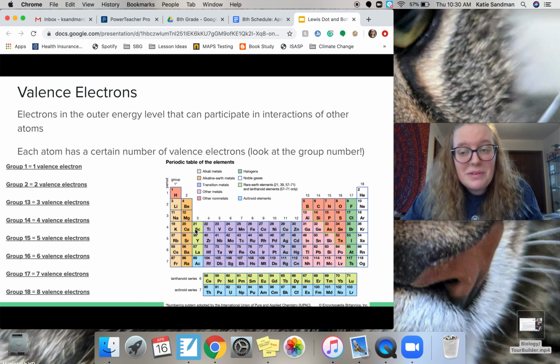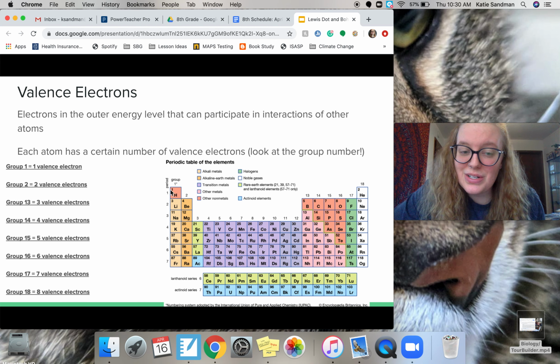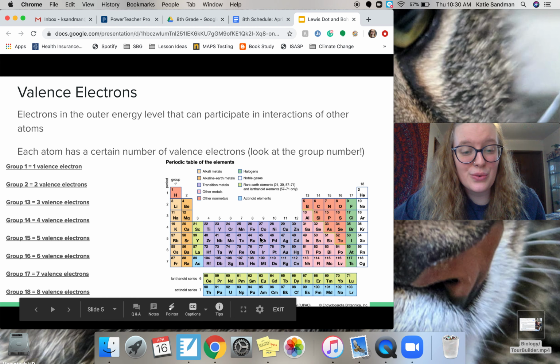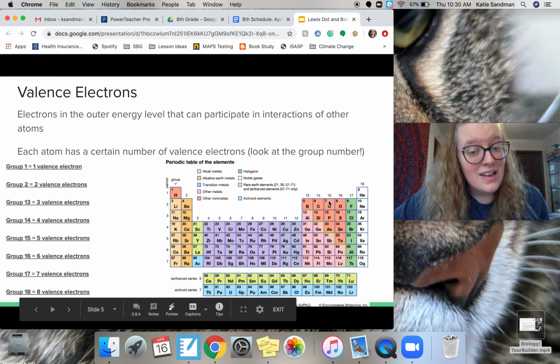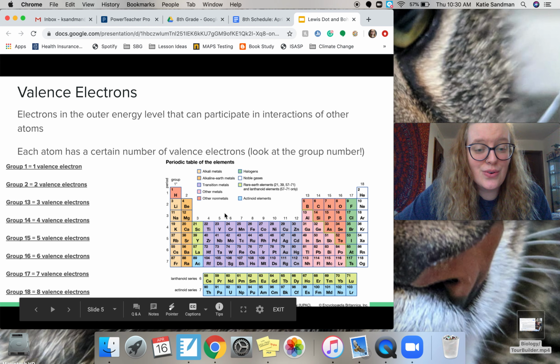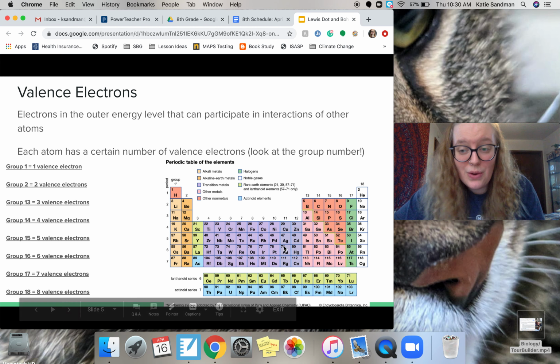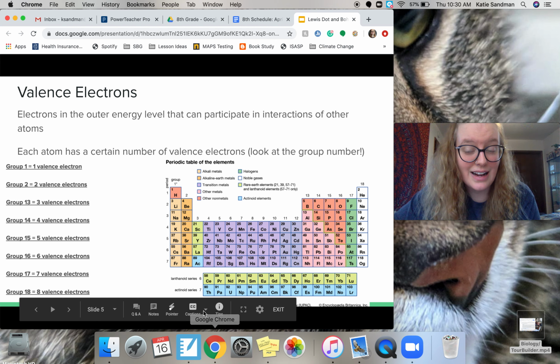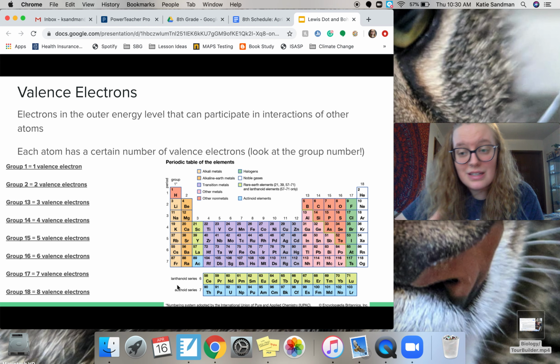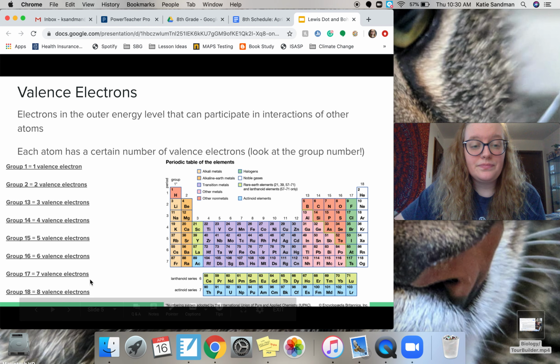It's going to be pretty straightforward when we're talking about groups 1 and 2. It gets really wonky after we talk about groups 3 through 18. But just know, for when we are doing this, we are going to ignore groups 3 through 12 and the lanthanide and actinide series because those ones can have different numbers, and I want this to be very straightforward.